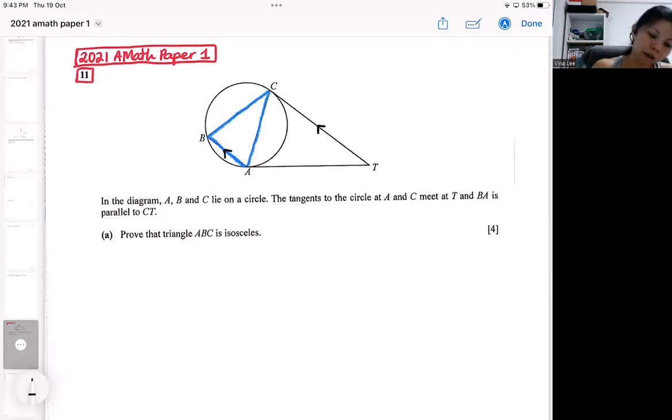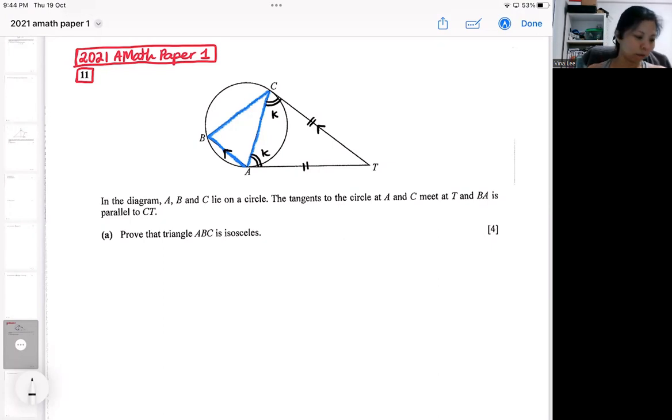I should have angles from tangents from an external point, and then this will be an isosceles triangle. For the property, angles from tangents from an external point will have created these two angles to be the same.